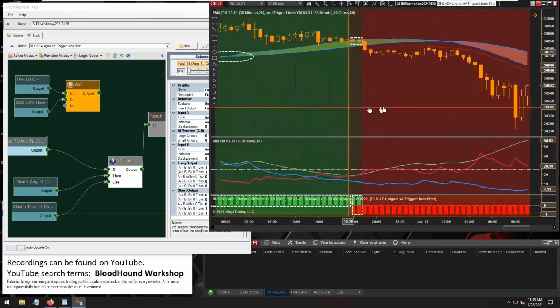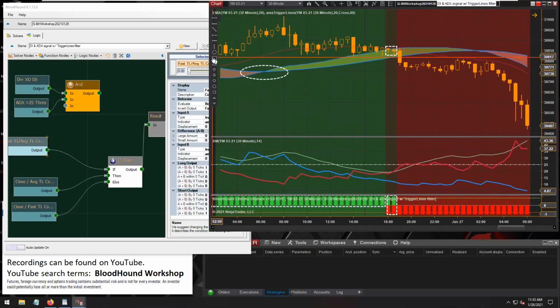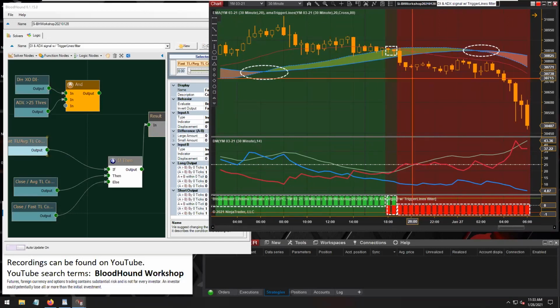And then if we come over here, again, we have another good example to work with because we have the trigger lines crossed up and then they cross down. But when we look at the output here, all we see is a short only when the closing price is below the trigger lines, right? And it doesn't matter, so it's both if the closing price is below the slow trigger line or the fast trigger line, right?